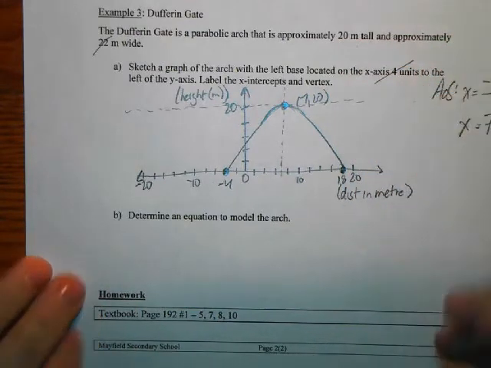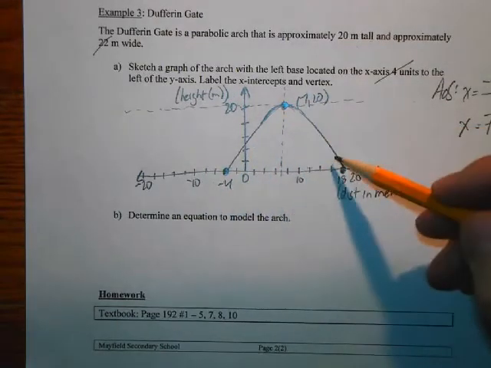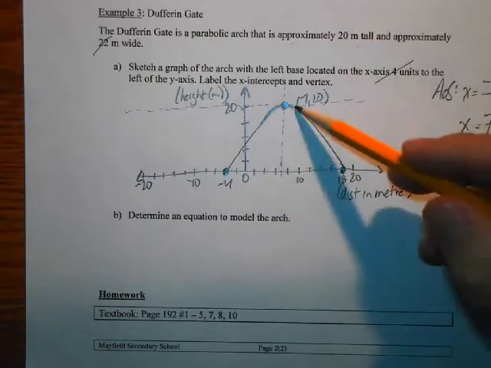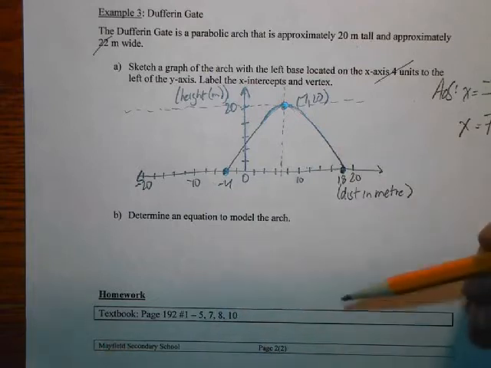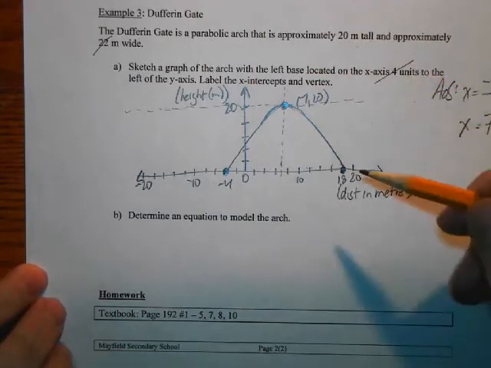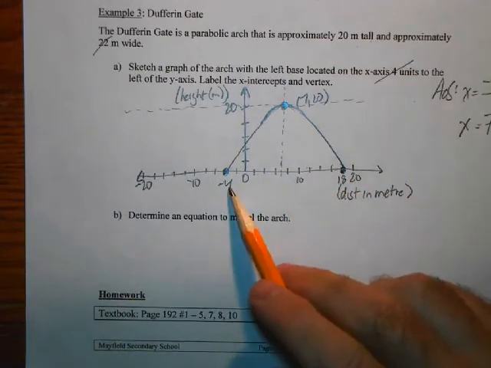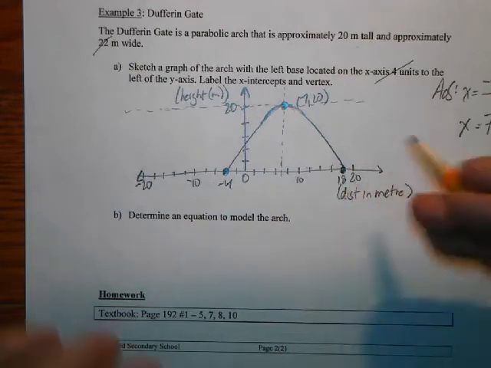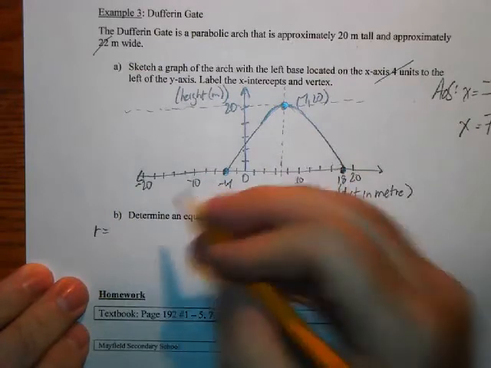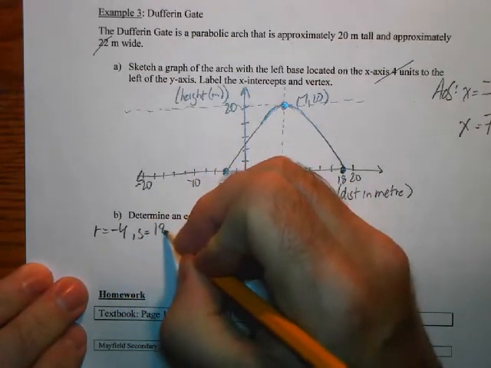Okay, now here's a really cool question. So we've got this diagram of this arch with the right coordinates. We've got the values of the x-intercepts and the vertex. And it says determine equation to model the arch. Okay, so from what we know here, remember this would be R and this would be S. So let's do that over here. R equals the first x-intercept and S equals second intercept.